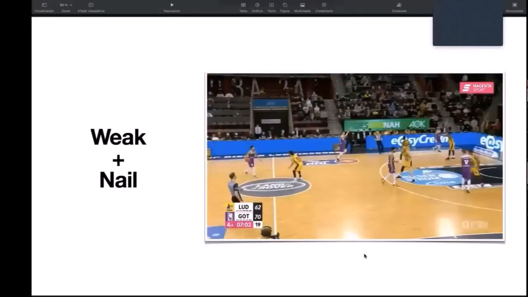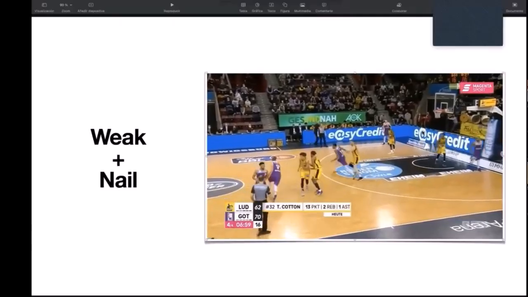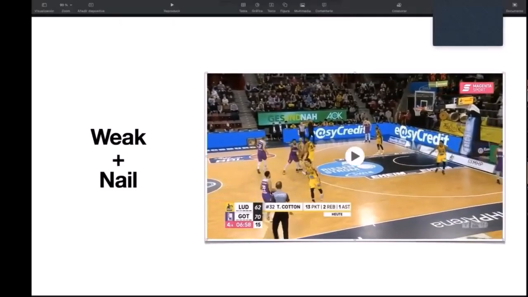And the last thing we have here is the weak. When the coverage is pushing you to the weak hand, we will see a very nice example with two different spread ball screens, and it will be clear that it's a weak situation because we are talking about here number 22 right-handed guy.